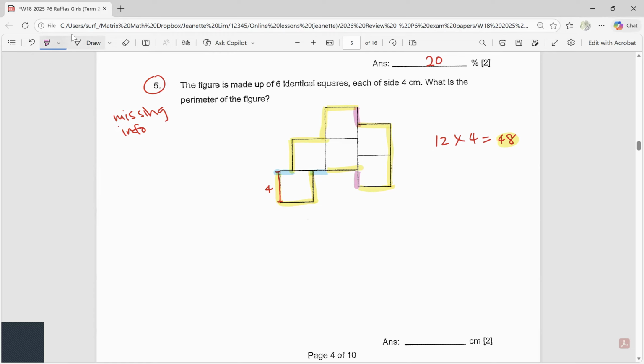Okay, so these two blue lines do not make up one side. This is the same as this part here because the overlapping of this one side and this one side of the square is the same. So I know that this is equal to this. Same for this pink one. This is equal to this.